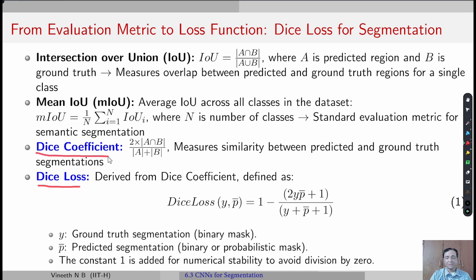This coefficient dates back to the 1940s when a person called Dice, followed by Sorensen, invented this coefficient, or rather found this coefficient, which is given by 2 into A intersection B divided by the cardinality of A plus cardinality of B. This also is a set similarity metric similar to IOU, but it considers the sizes of the sets in the denominator and hence makes this a much better set similarity metric, especially for imbalanced sets.